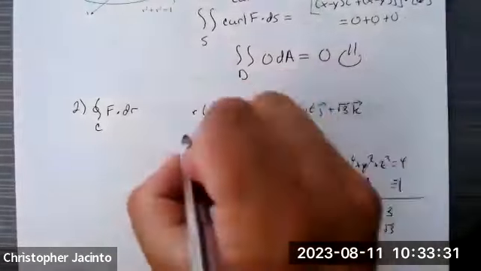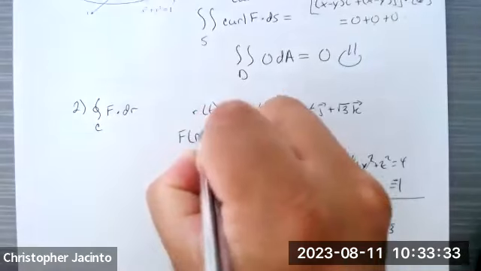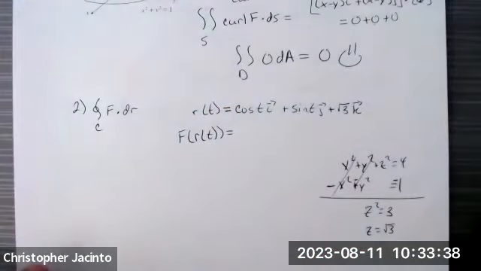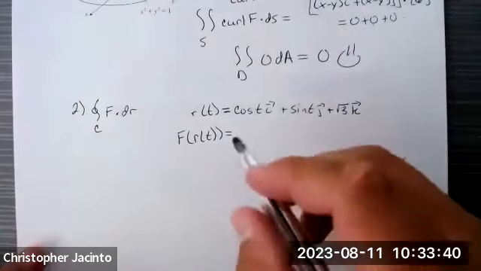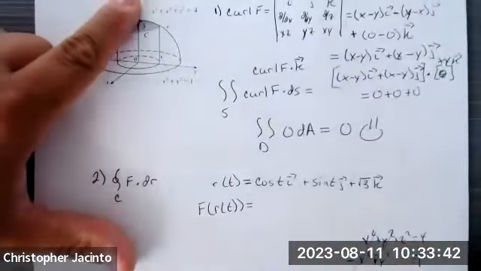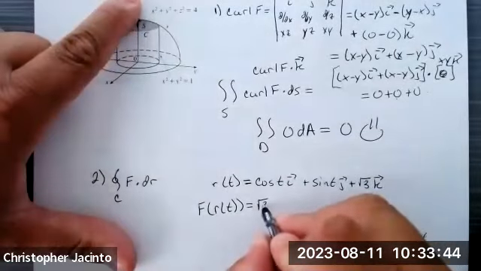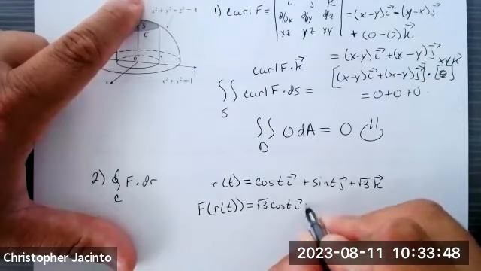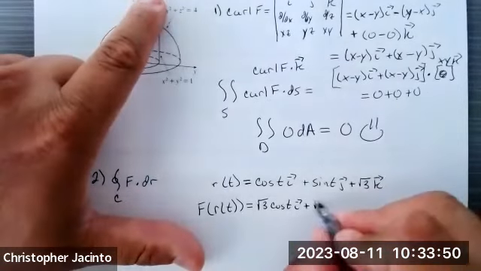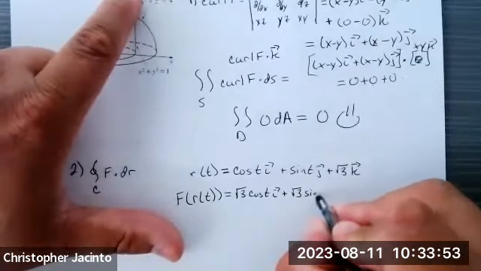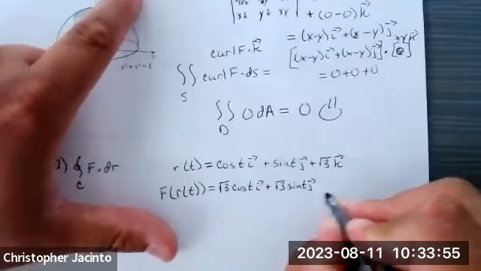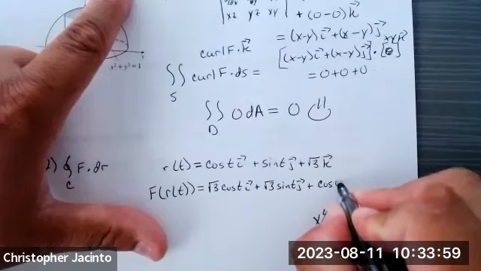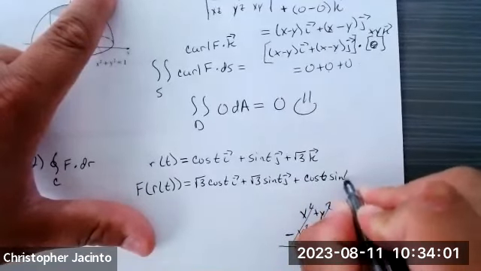All right, now, next step, we've got to find f at our parameterization vector. So this ends up being, plug it back into here, x times z, so square root of 3 cosine t, y times z, and then yx, so cosine t sine t.